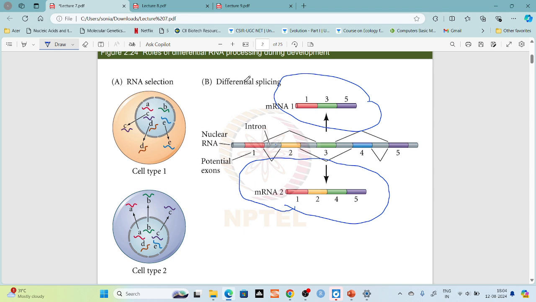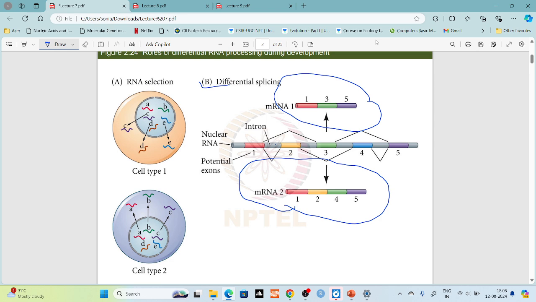So this is your differential splicing, which can lead to differential expression of genes. The other thing is RNA selection. What is the meaning of RNA selection? We all know that the mRNA is produced inside the nucleus, and after its production, it goes to the cytoplasm where it is taken up for protein synthesis, that is translation.